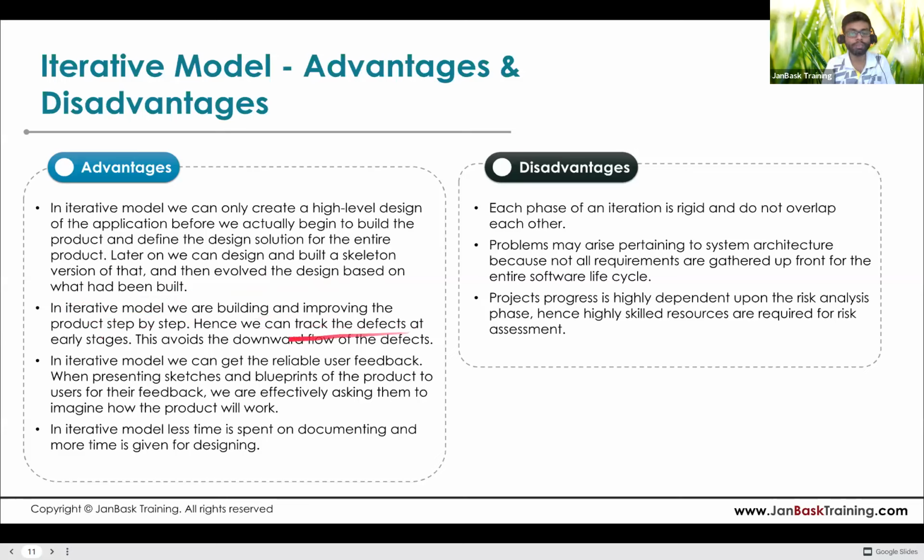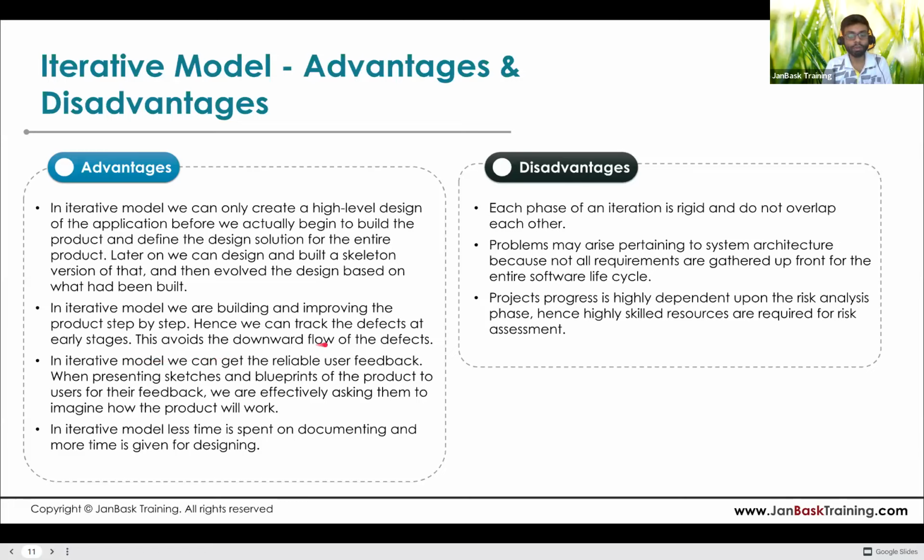Hence, we can track the defects at earlier stages. We have already discussed it, because in every iteration the testing is coming to the picture. In every iteration, we are testing it, getting the defects, logging them, and the developers are also fixing them. So the testing is happening in the earlier stages, and we are tracking the defects from there.